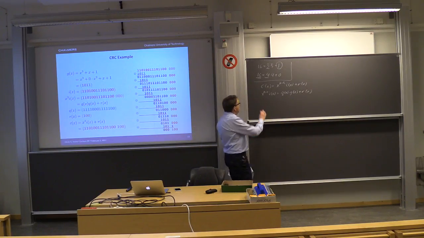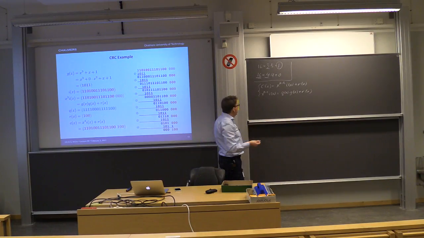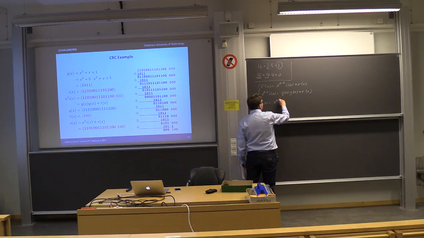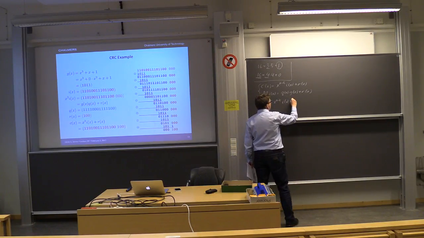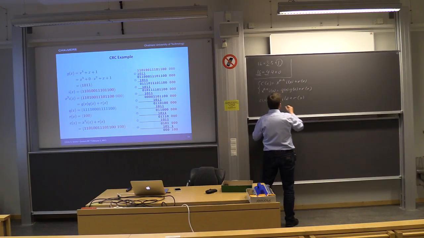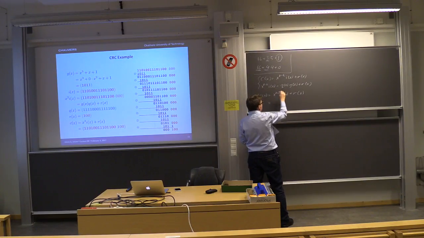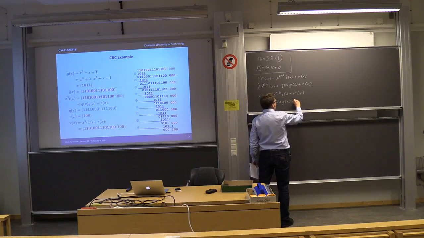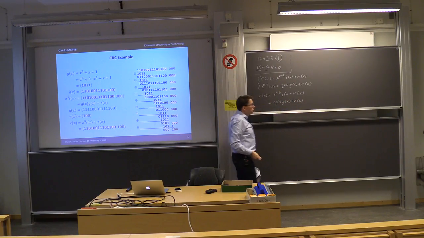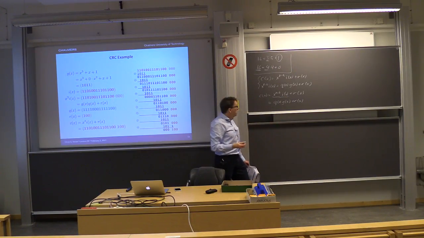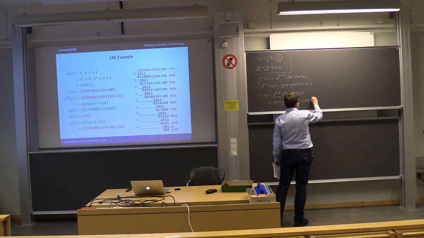Now let's see how we can write the code word. Can we factorize it in g? Yes, we can. c of x is x to the n minus k times I of x plus r of x. Then we plug in what x to the n minus k times I of x is, namely q of x times g of x plus r of x, and then we add on the remainder at the end.